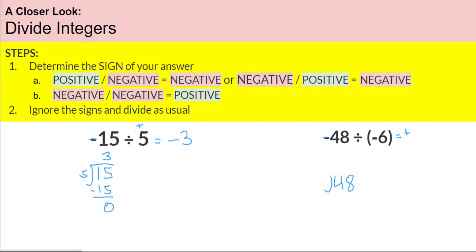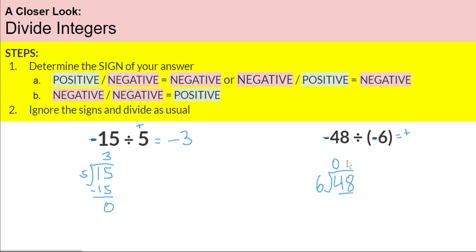48 divided by 6. So how many times can 6 go into 48? Because we know 6 cannot go into 4, so it's kind of like putting a 0 there. So now it's how many times can 6 go into 48? Count by 6s: 6, 12, 18, 24, 30, 36, 42, 48.